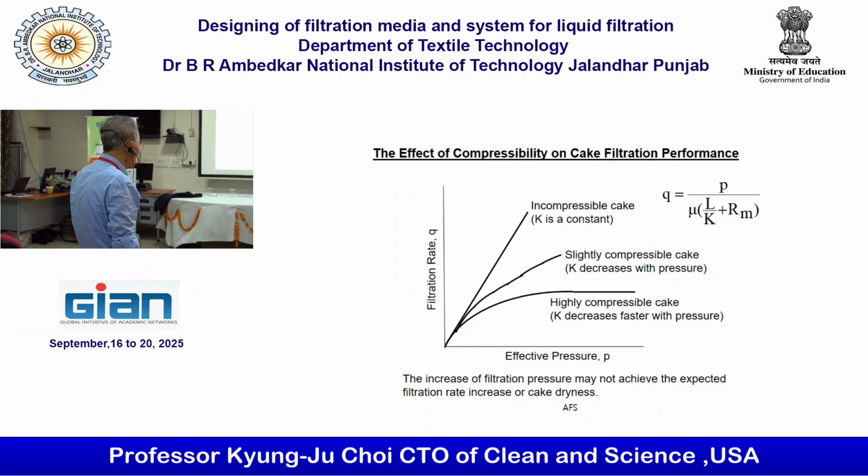If K is decreasing with the pressure, it's compressibility related. If it's highly compressible, then you have a curve like that. So somehow we want to have some sort of experiment.